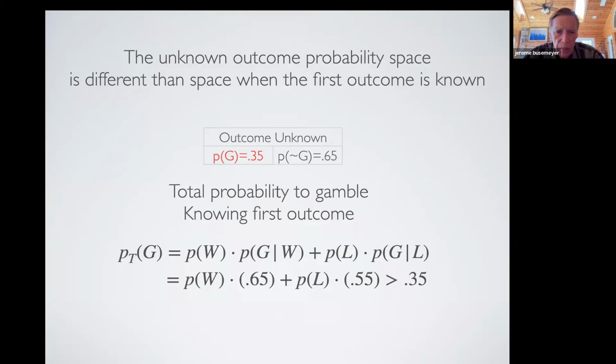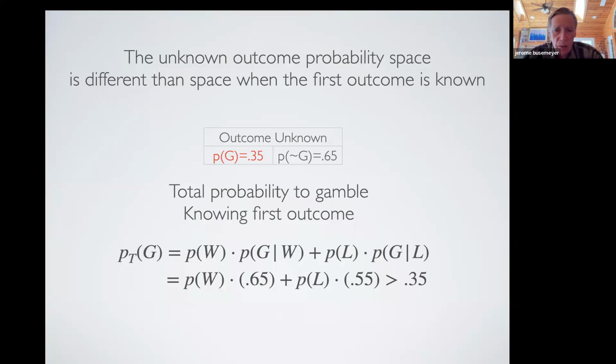According to the total probability, the probability that you play the gamble should then be some weighted average of 0.65 and 0.55, if all the events are coming from a common sample space. But averaging 0.65 and 0.55 has to give something greater than 0.35.